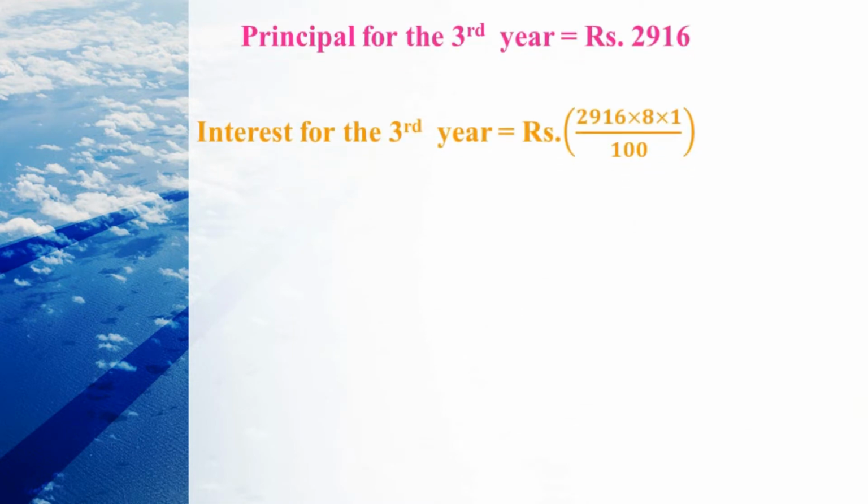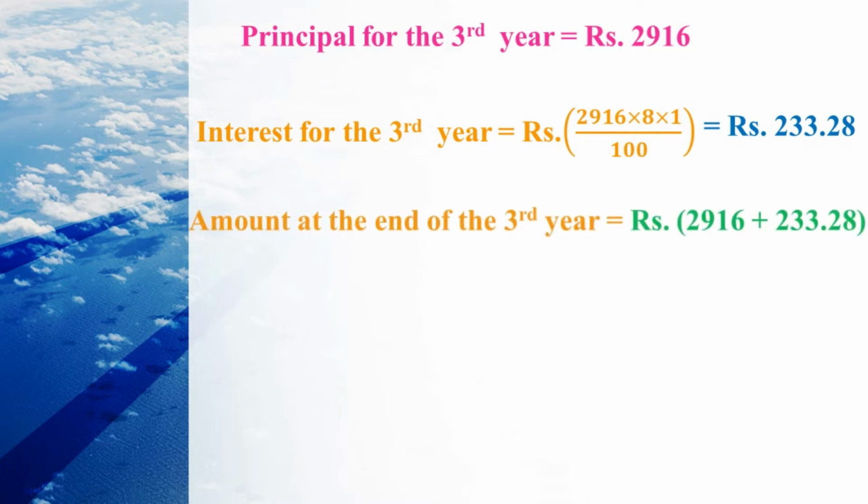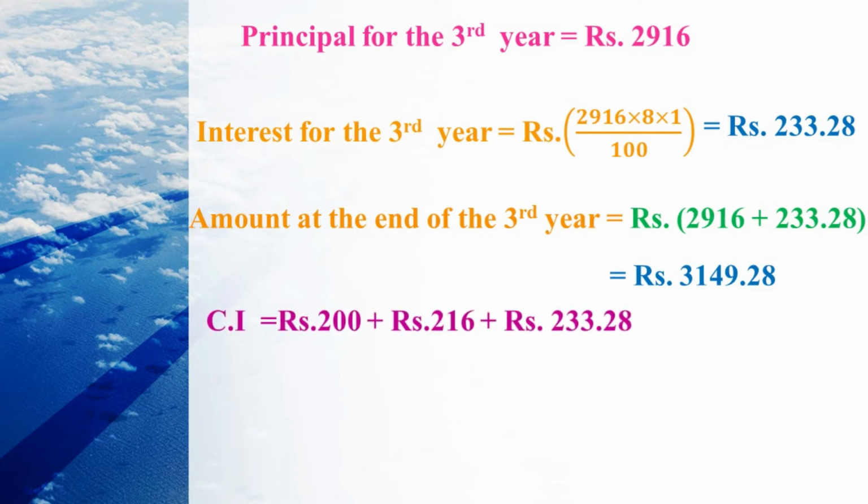Principal for the third year is rupees 2916 and interest for the third year is rupees 2916 into 8 into 1 divided by 100, which is equal to rupees 233.28. Amount at the end of the third year is rupees 2916 plus 233.28, which is equal to rupees 3149.28.